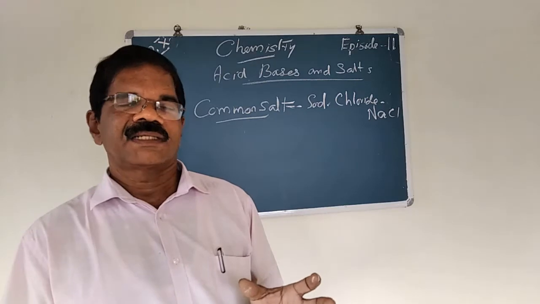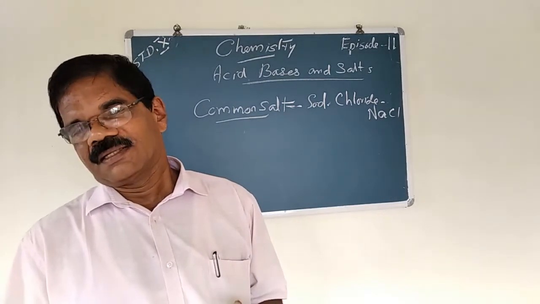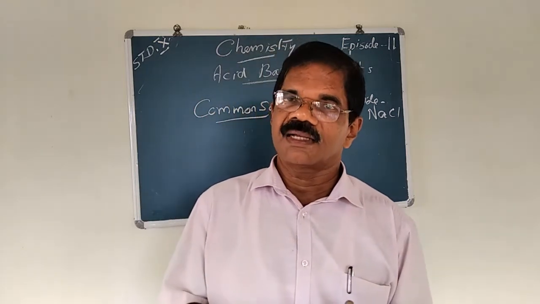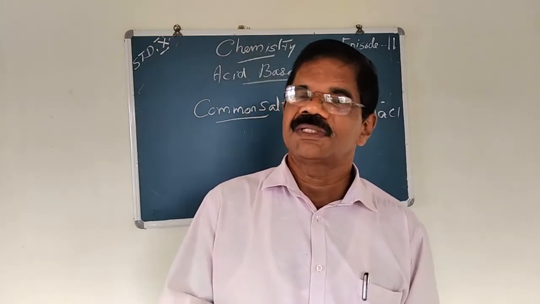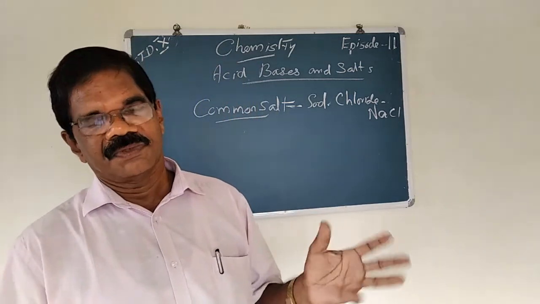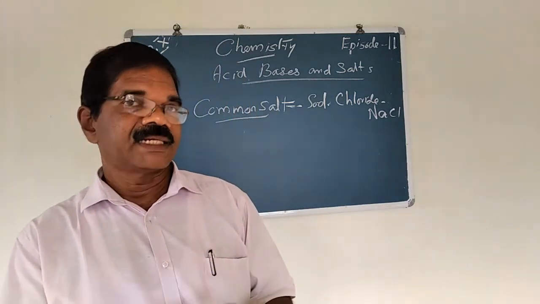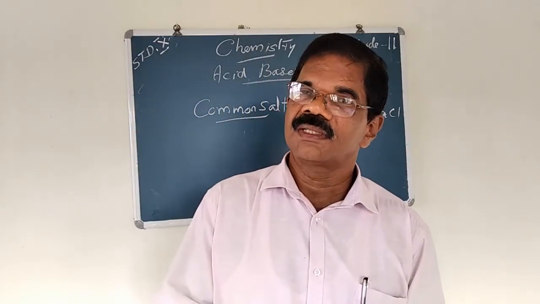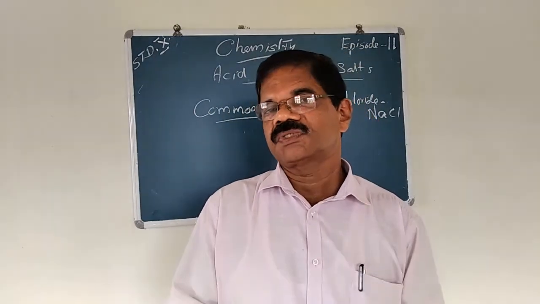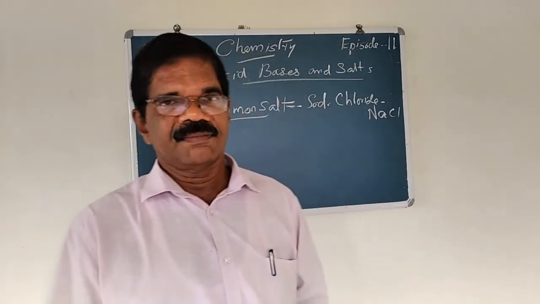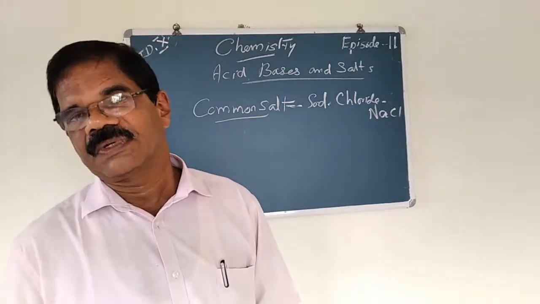Vegetables or meat are mixed with salt and kept for two or three days without undergoing any decomposition or decay. So it is used to increase the taste of food. It is used as a preservative for food, as well as for the production of other compounds of sodium, such as sodium hydroxide.